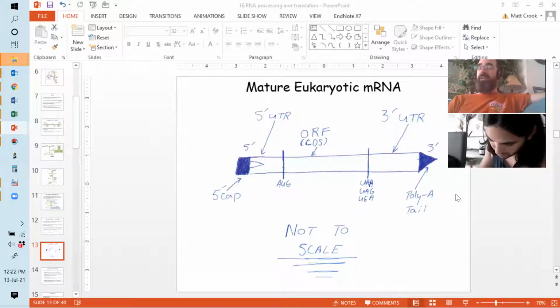And when I say stability, I'm talking about how long that mRNA hangs around for, because not all mRNAs persist for the same amount of time. Again, that's something we'll come to in control of gene expression.